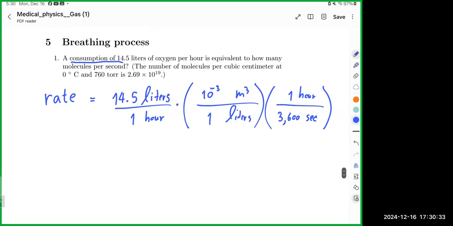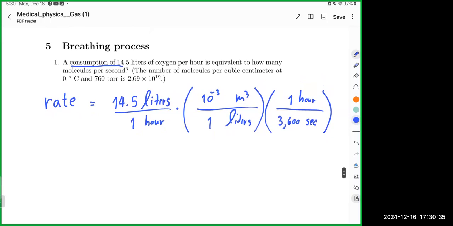But there is no way that you can convert this unit into molecules if you don't know physics, right? Because it is a volume. No matter what the number is, this is the unit of volume per second.